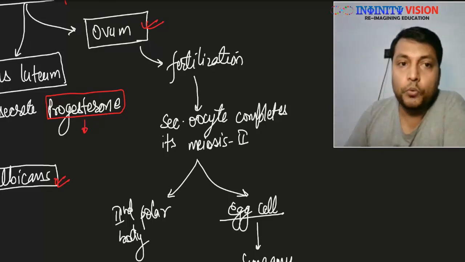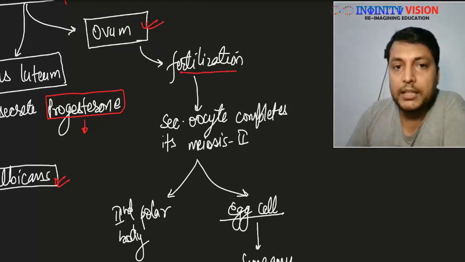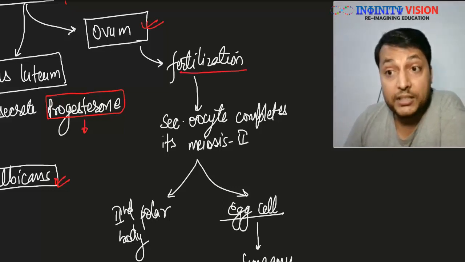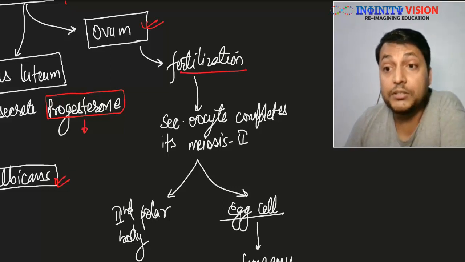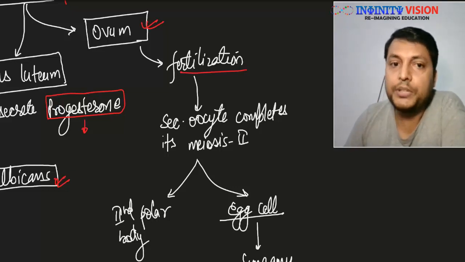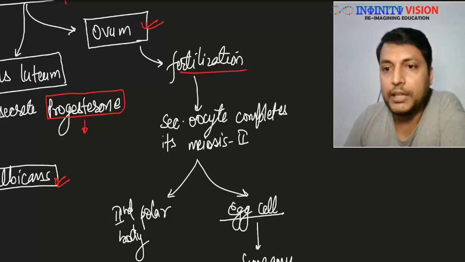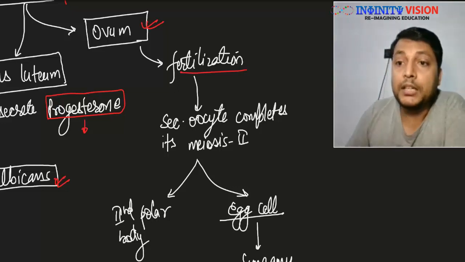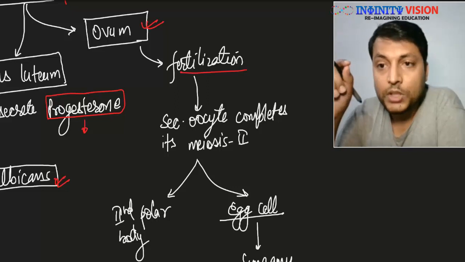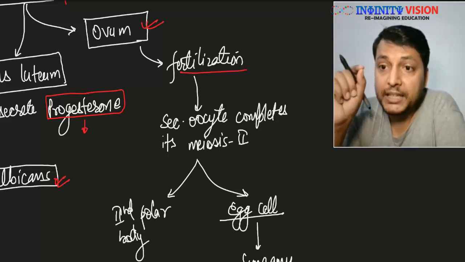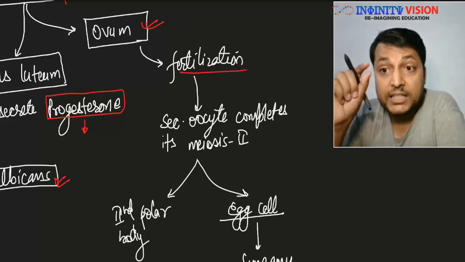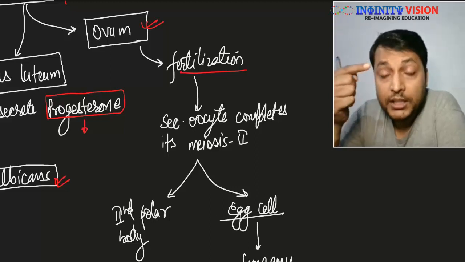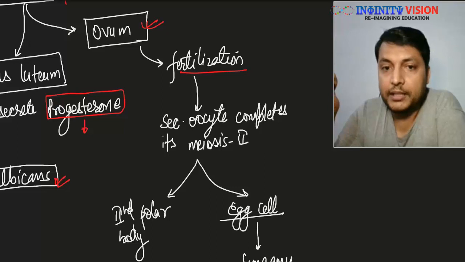Now this ovum will be collected by the fallopian tube, and inside the fallopian tube, if fertilization occurs, okay, now we are considering that fertilization has happened. Once fertilization happens, the sperm will bring one centriole, one centrosome, into the secondary oocyte.